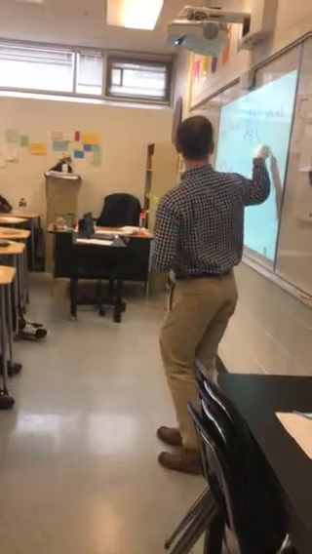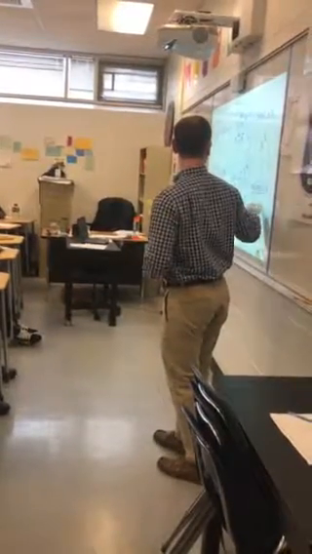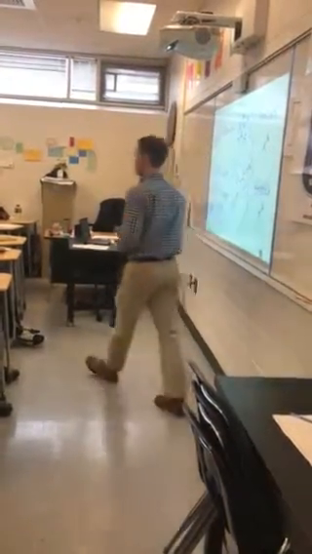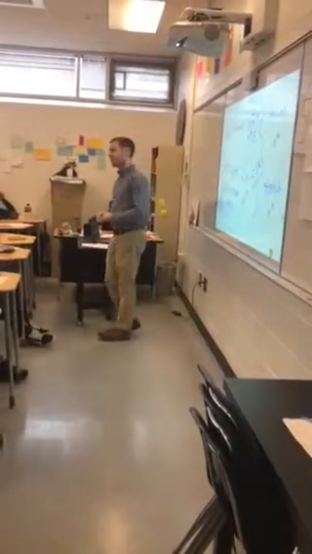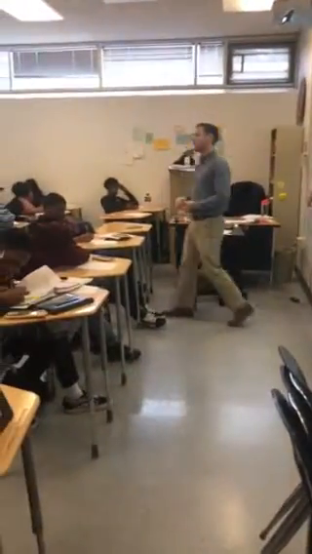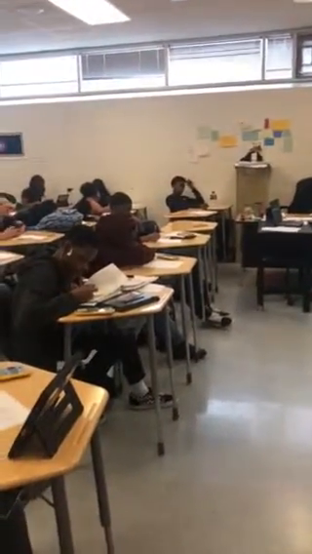I'm going to start with my parent function for both. We've already seen up, down, left, right, reflect over x. Where does the shrink come into play? How do I get a shrink or a stretch?